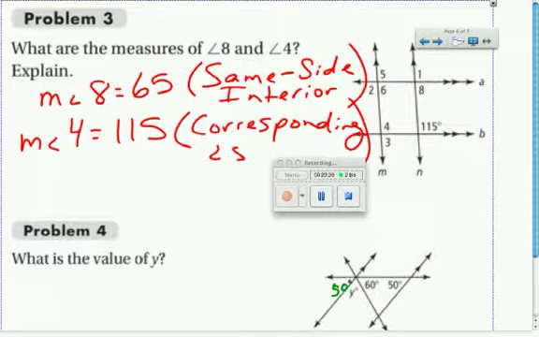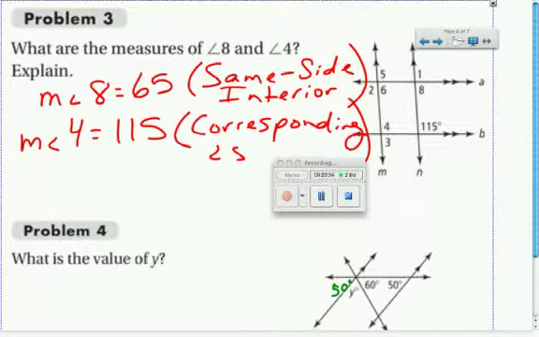Okay, so that's the angle she's referring to. Those are both 50 degrees. And a straight angle equals 180, and this is the straight angle right here. And so 50 plus 60 equals 110. And 180 minus 110 is 70, and that's the remaining degrees. That's it. Beautiful. Thank you very much.